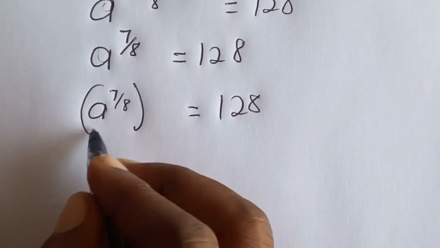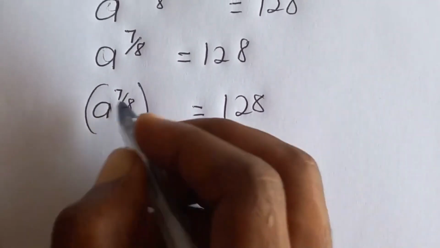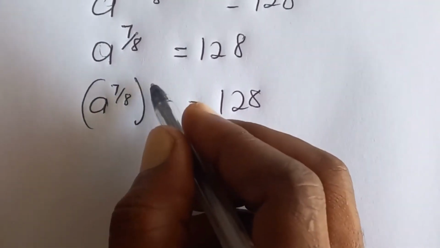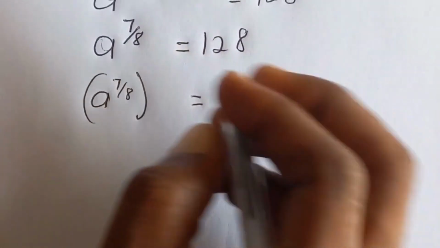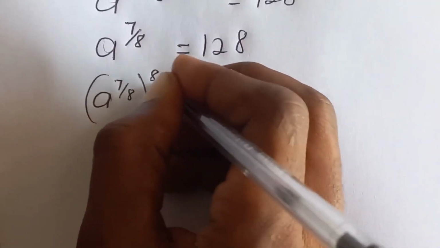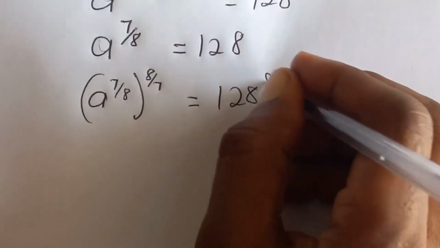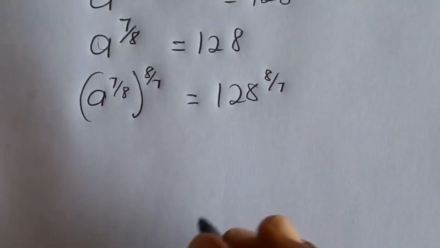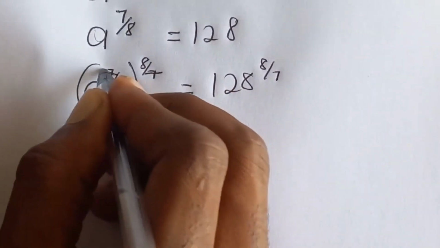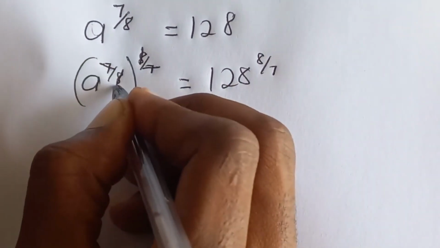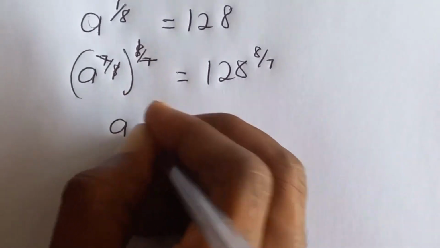So now we are going to introduce an exponent of 8 on 7 on here, and 8 on 7 on this one too. In this case, you can see that the 7 is going to cancel this 7, then the 8 will cancel this 8, leaving a here.